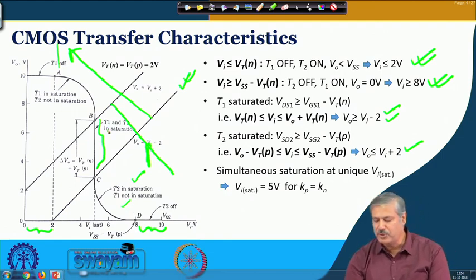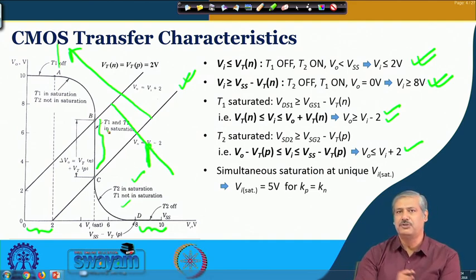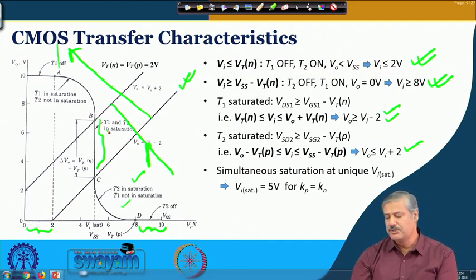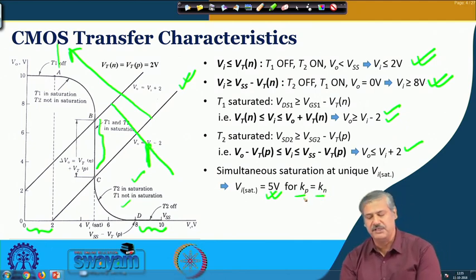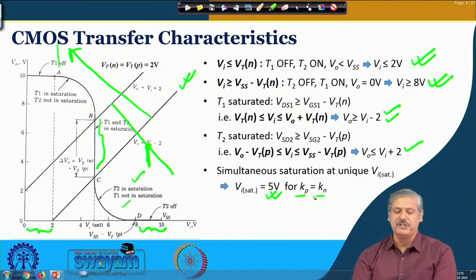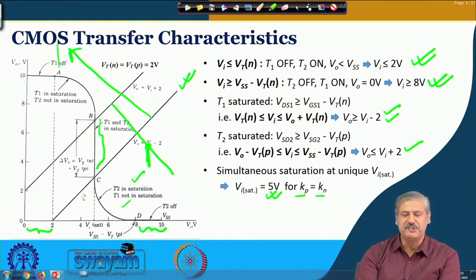So when T1 and T2 both are in saturation, and if we apply the equation that we have shown before, we get a unique solution for the voltage when both of them are in saturation. And if we use these particular values, we get that for 5 volt, for the transistor parameters of both of them, Kp and Kn, being the same, there is an abrupt jump, okay, at this particular voltage 5 volt in the inverter characteristics.